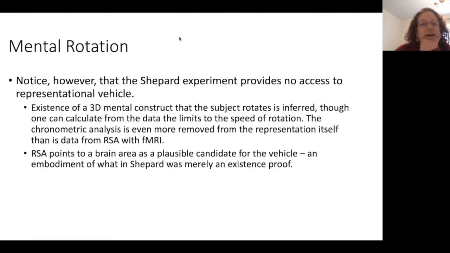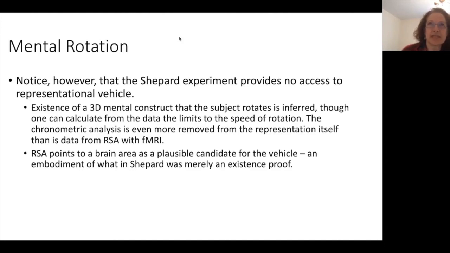And so this very influential set of results, I think psychologists took that to indicate the reality of these mental representations. But the Shepard experiment gives you no access to representational vehicle at all, right? So that the idea that there's a mental representation that we are sort of mentally manipulating and rotating in our minds is just inferred from the reaction time data.